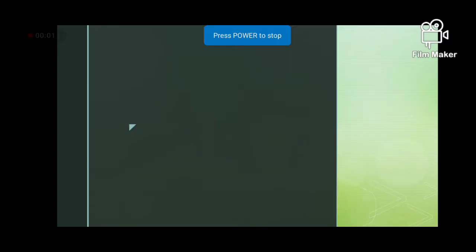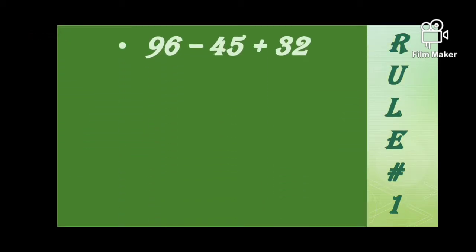Let's take the example of rule number 1, when we have the plus and minus only. When we have these 2 signs, we will follow rule number 1.